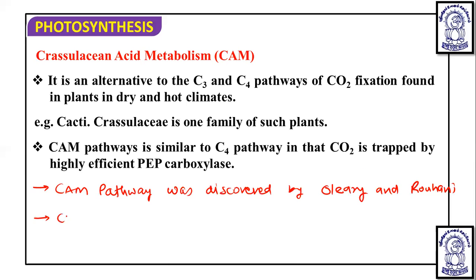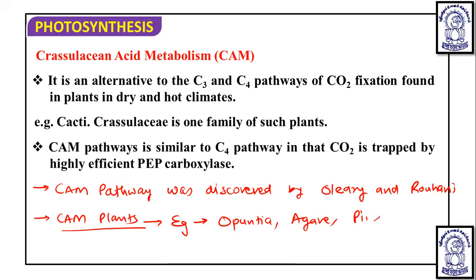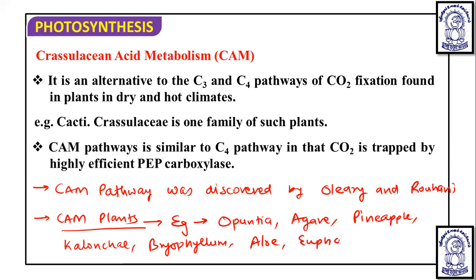If we talk about the CAM plants, we have to understand the examples first. So the CAM plant examples are Opuntia, agave, pineapple, Kalanchoe, Bryophyllum, aloe vera, Euphorbia, Welwitschia.